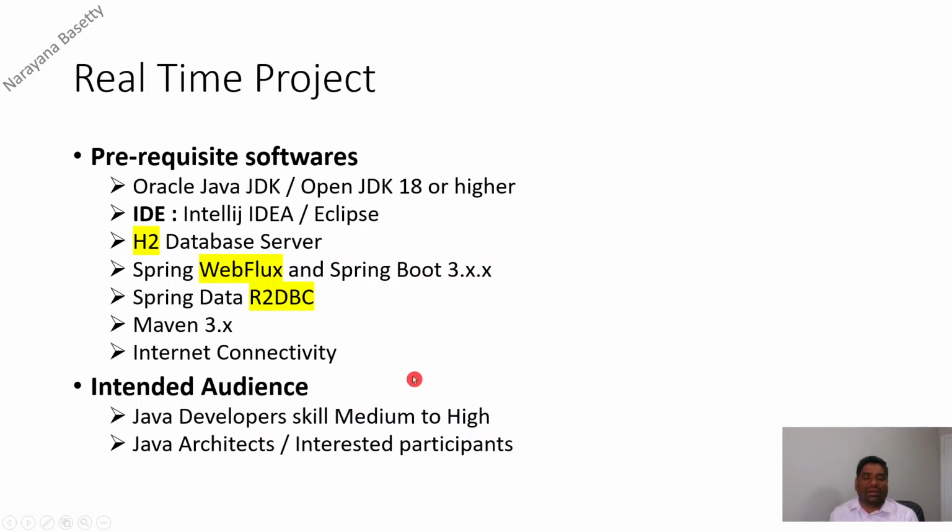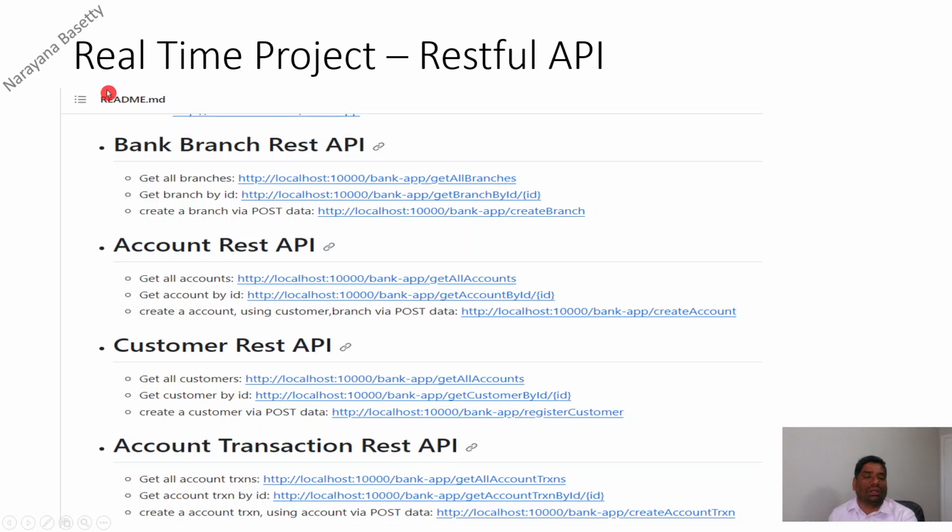The intended audience is any of the Java developers who already have experience, they can understand better, and architects who are interested to know it. So this is a README file where I just took a portion of the content.